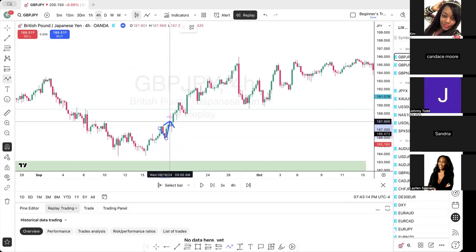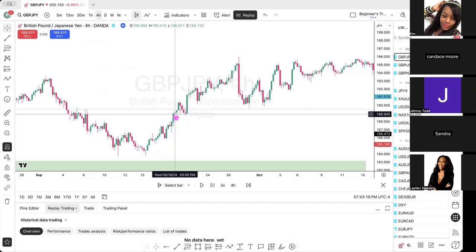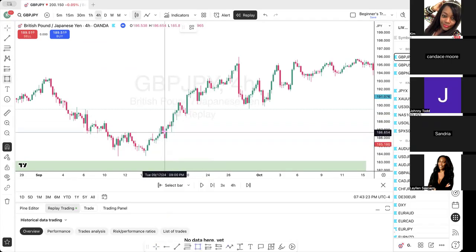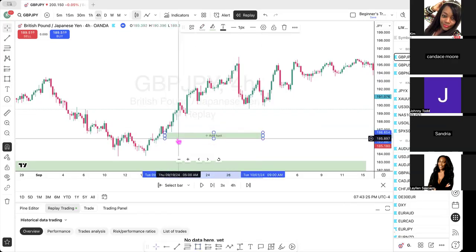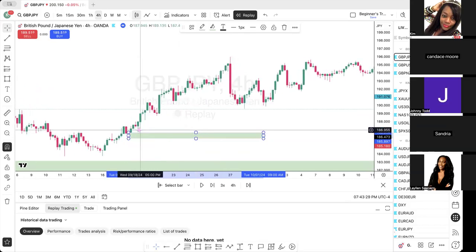And then price broke structure, right? So what am I looking for? I'm looking for an order block with the imbalance. So I would be looking for price to pull back. Again, you see how it missed it right here. And it's okay if it missed it.